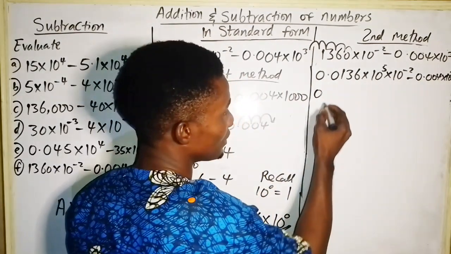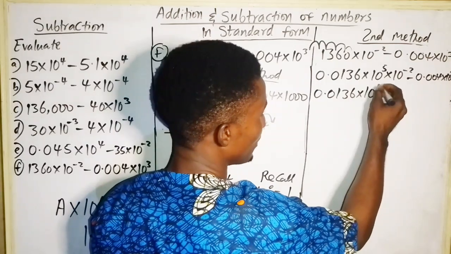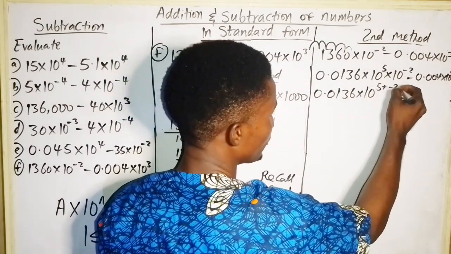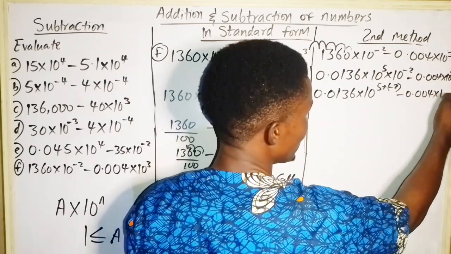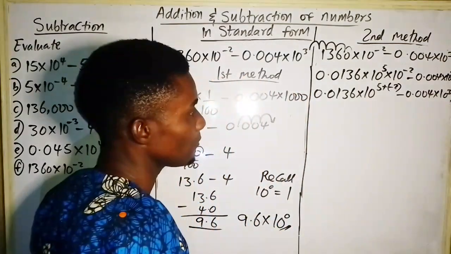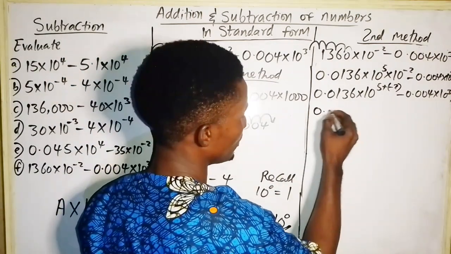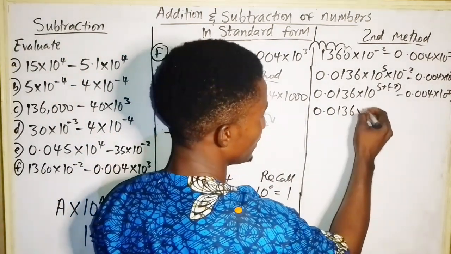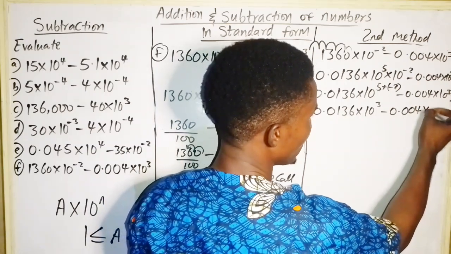So let's adjust this. We have 0.0136 times 10 raised to power 5 plus minus 2 minus 0.004 times 10 raised to power 3. If we apply our indices rule here, we have 0.0136 times 10 raised to power 3 minus 0.004 times 10 raised to power 3.